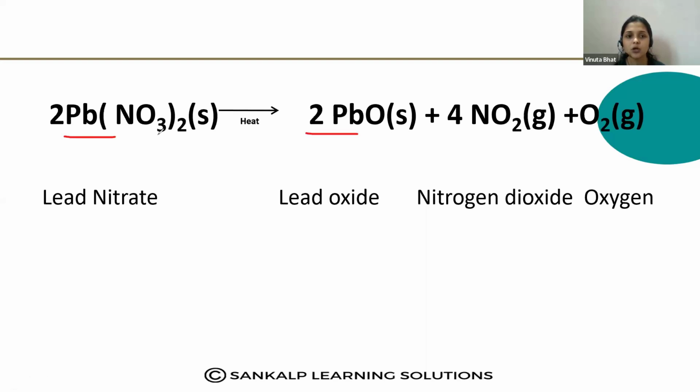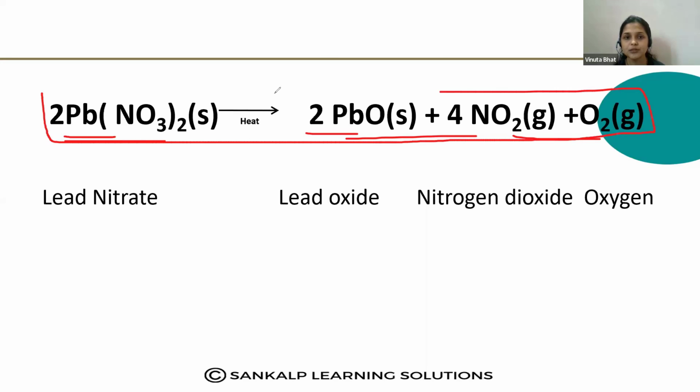Now the oxygen number has also increased. 12 oxygen, so here also 8 plus 2 plus 2, 12 oxygen is balanced. So like this you have to write the balanced chemical equation for this. Practice these reactions.